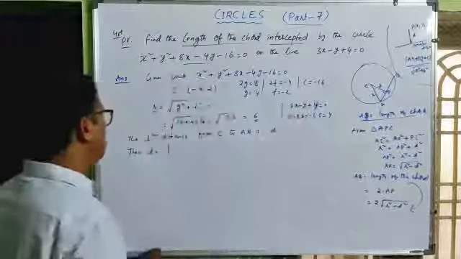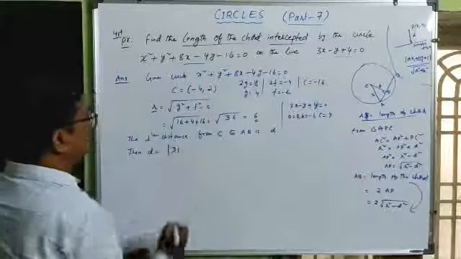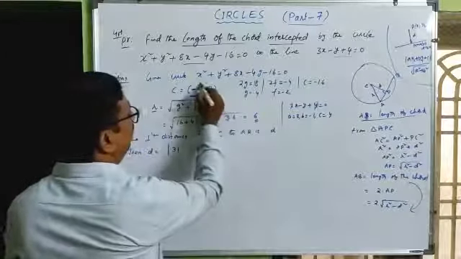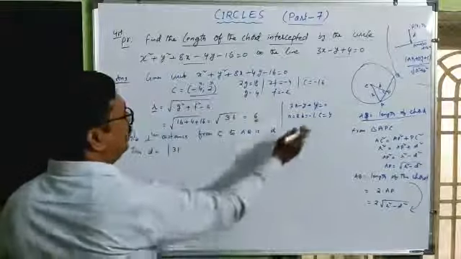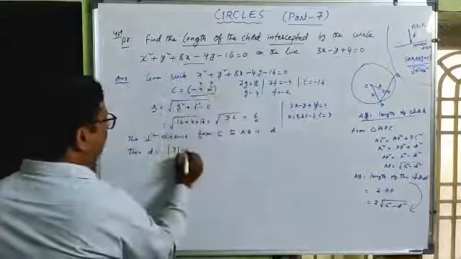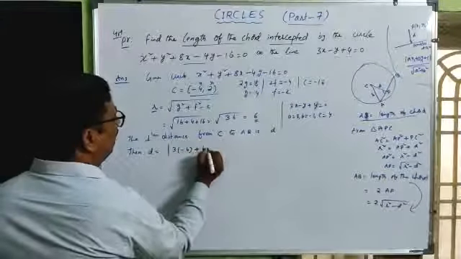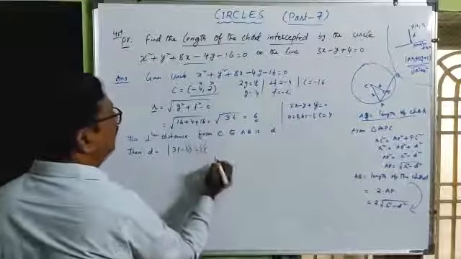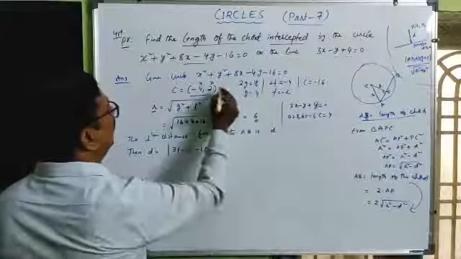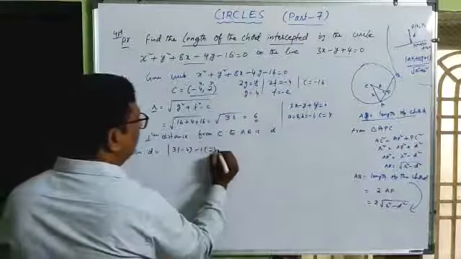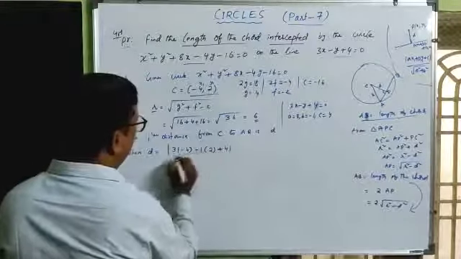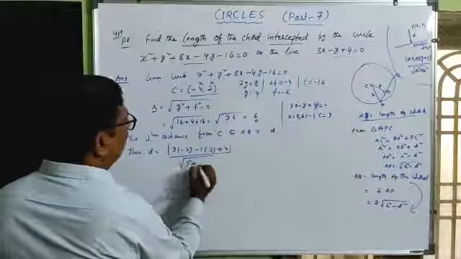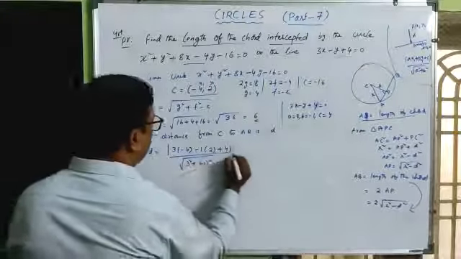Substitute the values. a of 3 into x1, where x1 means the coordinates of the center (x1, y1). 3 into x1 is minus 4, plus b into y1, where b is minus 1 and y1 is 2, plus c, which is 4, divided by under root 3 square plus minus 1 whole square.